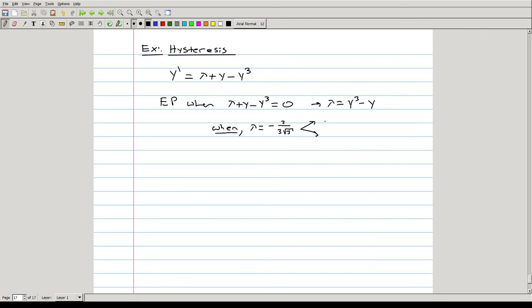The solutions are going to be y, and I'm going to number these specifically. We'll say y3 is equal to 1 over the square root of 3, and y1 is equal to negative 2 over the square root of 3.